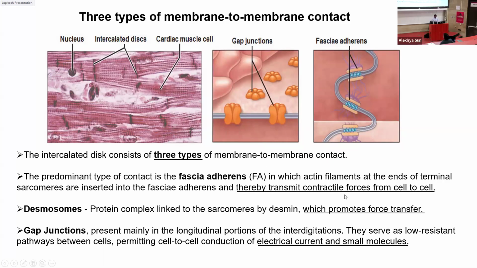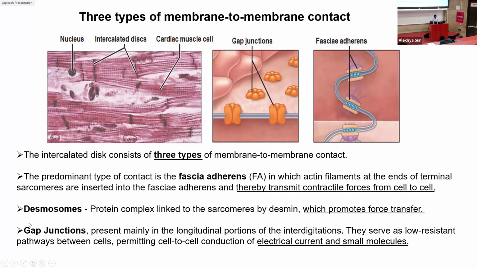The fascia adherens is a structure which contains a large number of different proteins, but the major one is actin filaments. Actin is part of the contractile unit. So if one myocyte contracts, it will transmit the force through the actin to the fascia adherens, thereby stimulating the adjacent myocyte. So they contract at the same time.